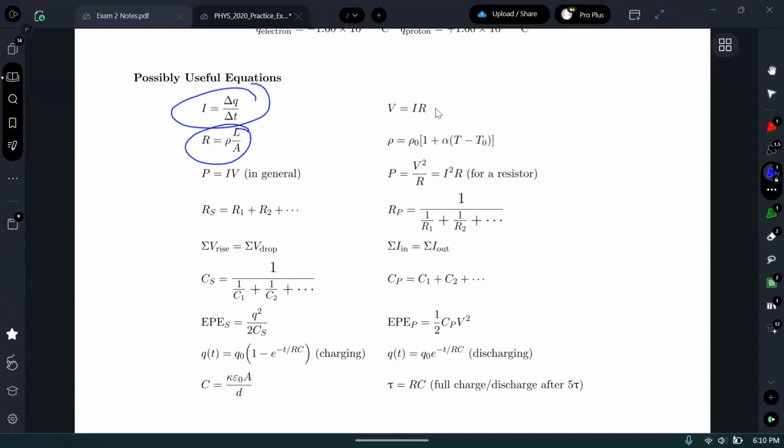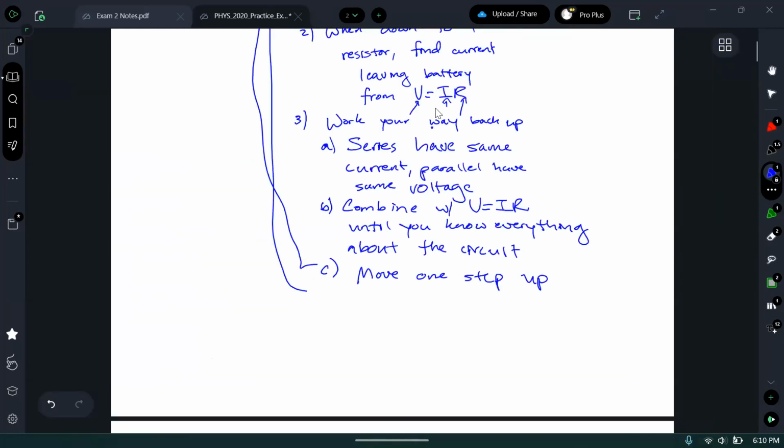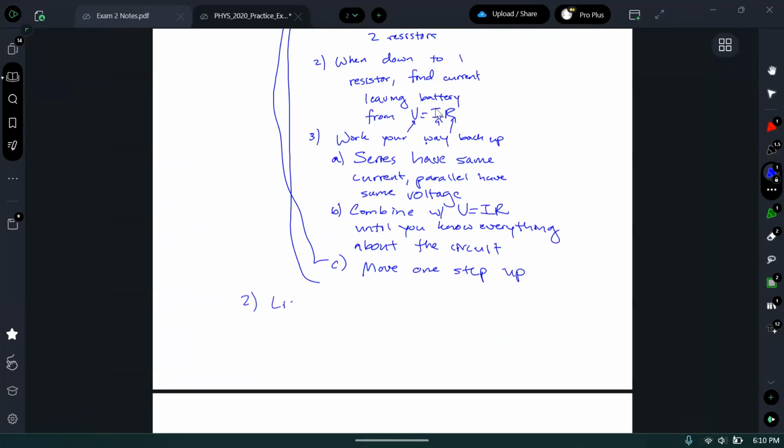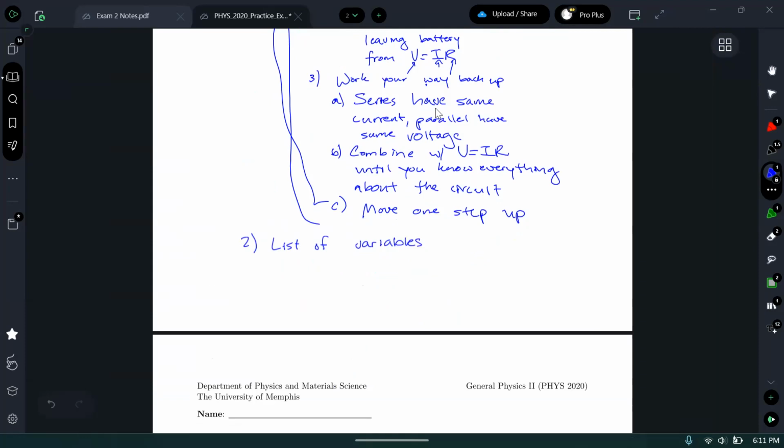And the first step to that is, and this is another put it on your cheat sheet, or at least my recommendation, write out a list of variables. We think we know what the symbol for every kind of quantity is until we get to the exam and we don't. So you have a table with the quantity first, then variable, and then unit.